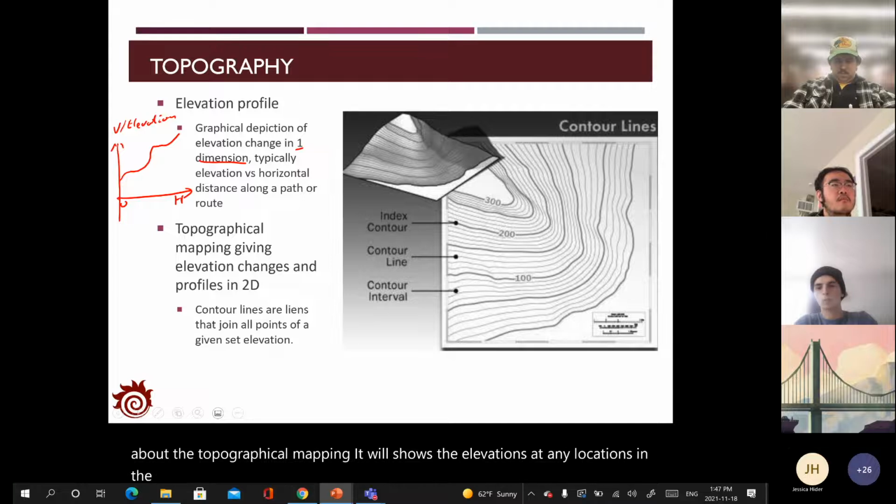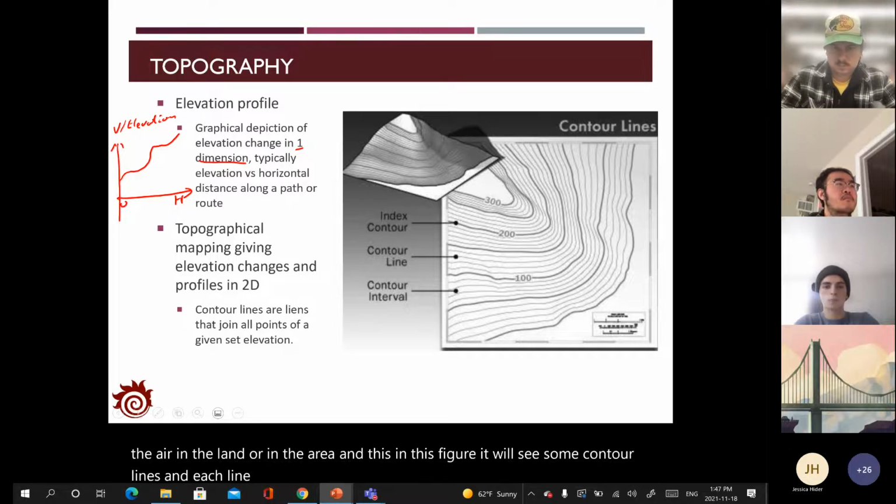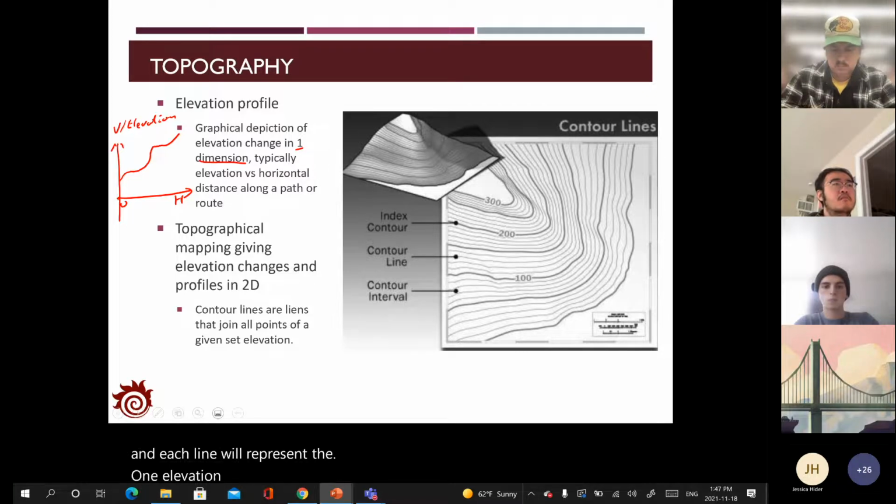In this figure, you will see contour lines, and each line represents one elevation. So along a contour line, the elevation is the same.